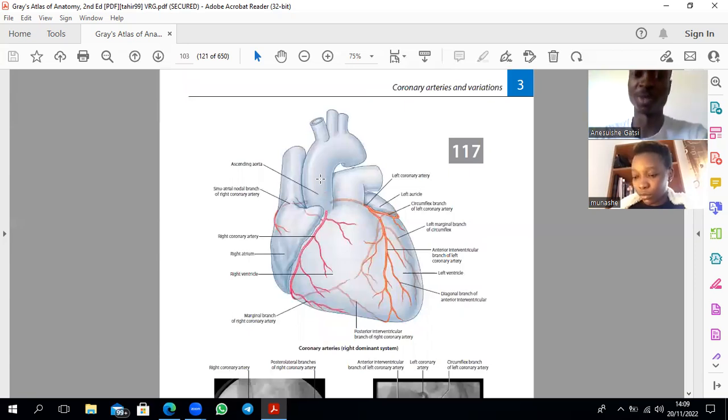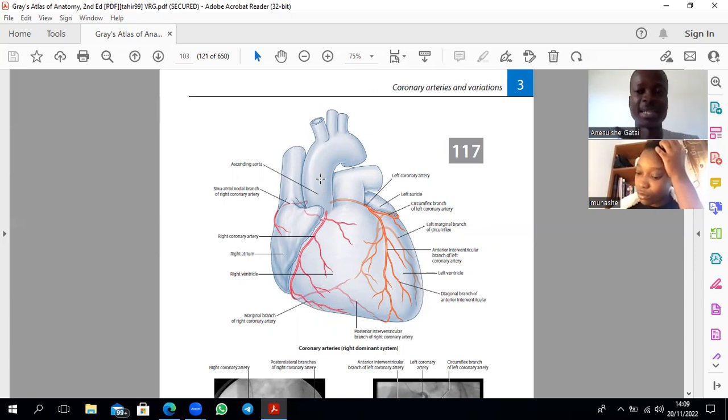Okay. So the reason why I said the right side of the heart is anterior, the left side of the heart is posterior, is that it helps us to know where the arteries are coming from. So the ascending aorta, I can't find a picture that shows it, but it has 3 dilatations, which we call aortic sinuses.